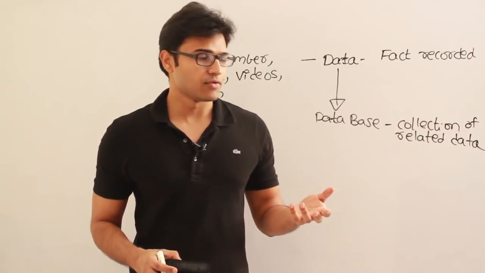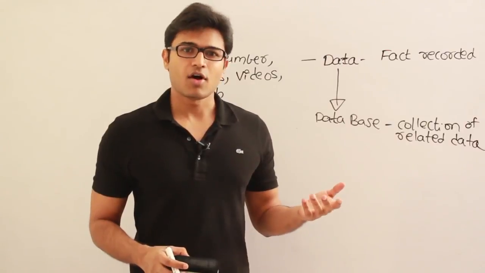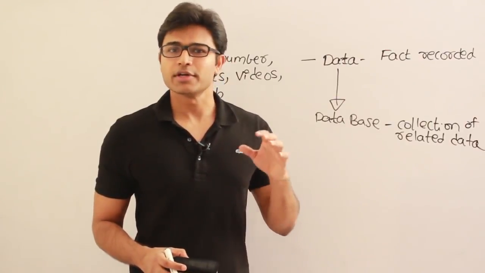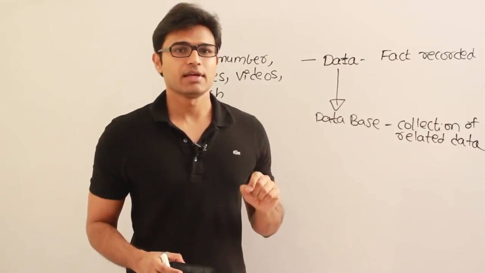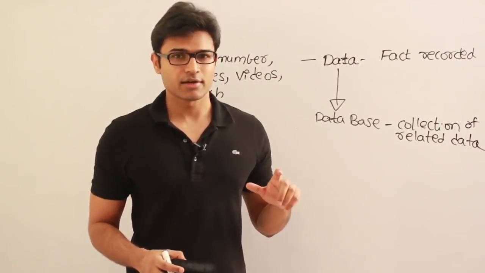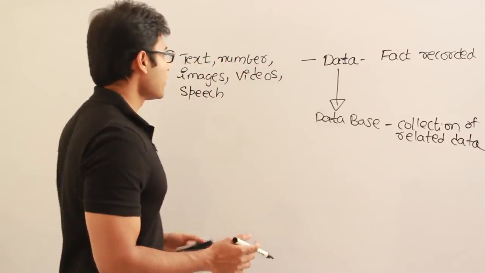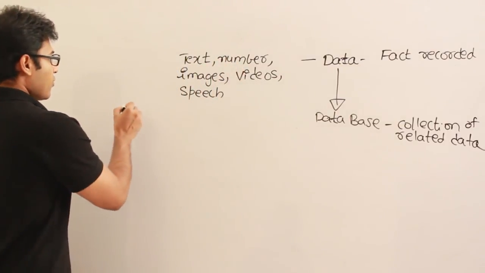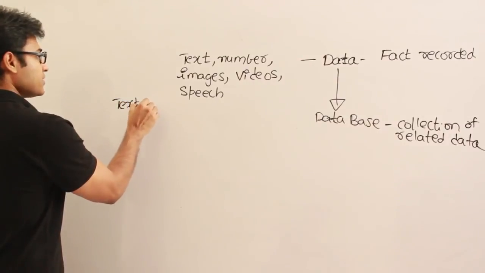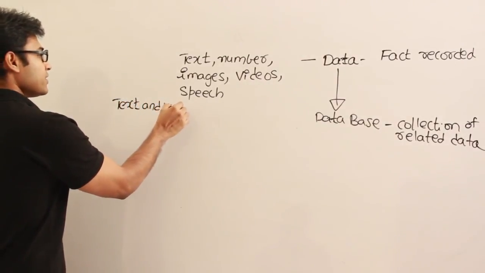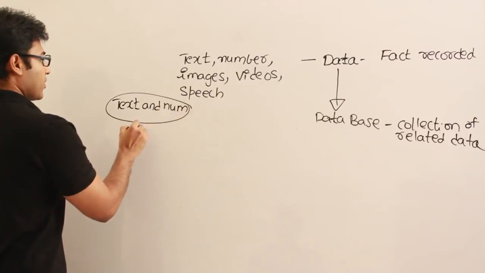Or if you want to reserve a ticket online, again text and numbers are used. So there are various types of databases. One type will contain only text and numbers, and it is called a traditional database.